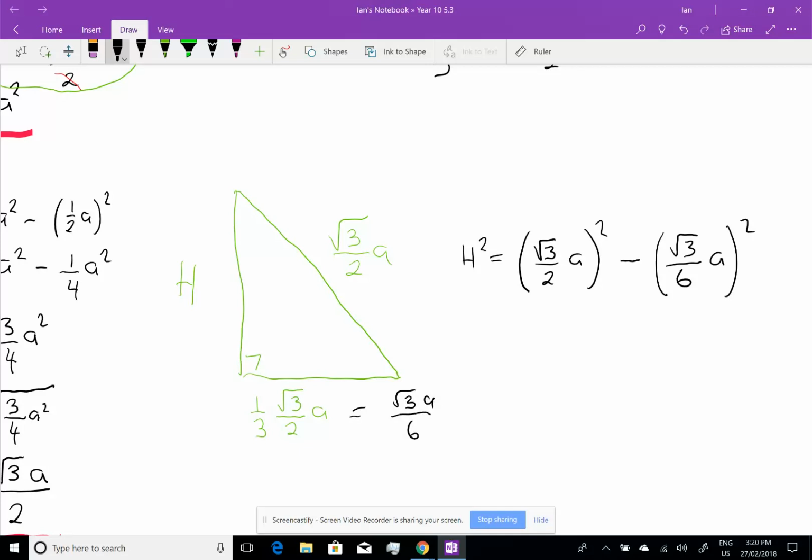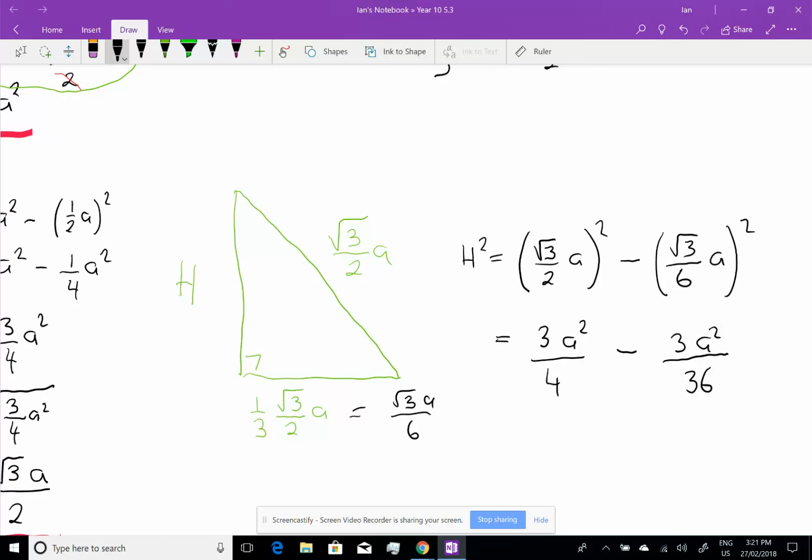I'll put the third there so you knew it was a third of the height of the triangle of the base. So root 3 squared is 3, a squared, 2 squared is 4, minus root 3 squared is 3, a squared, 36.